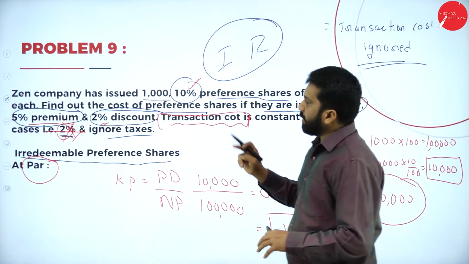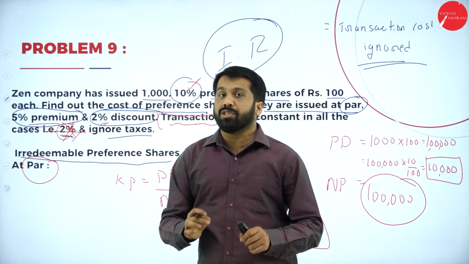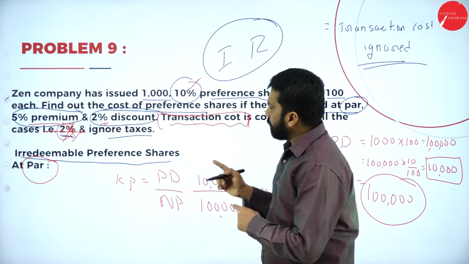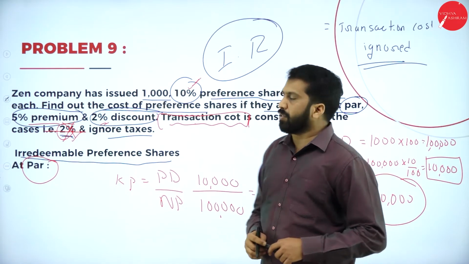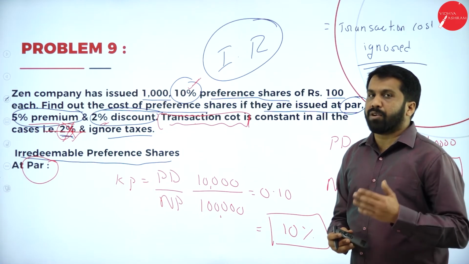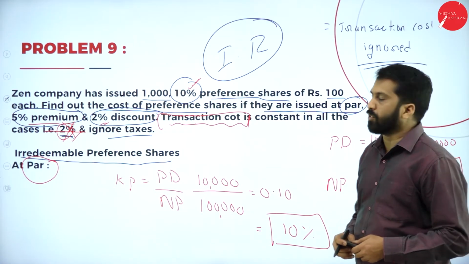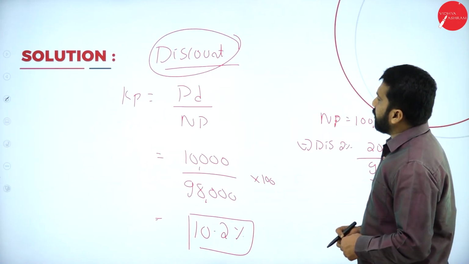It is not that in the question paper you have to mention you have ignored it. No. In examination you have to do it, but it is a basic problem. From the next problem I'll teach you what transaction cost is. It is nothing but your flotation charges, like what we did in your previous sessions. So we're done with this calculation.